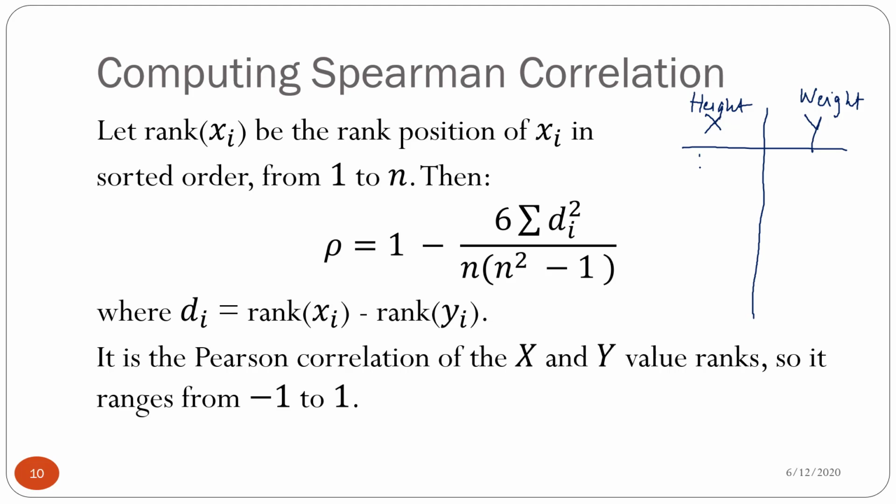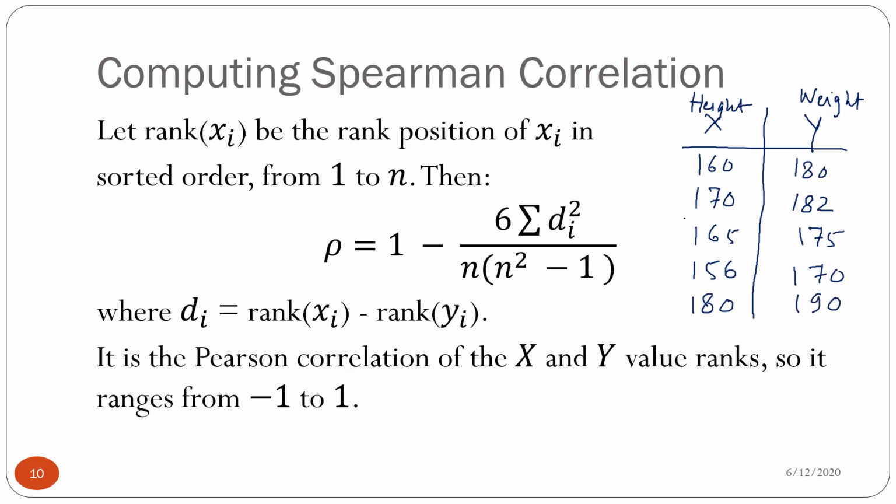Okay, so 160, 180, 170, 182 and 165, 175. These are some arbitrary values that I'm putting in. Then you can have 156 for the height and maybe 170 for the weight, and one more sample, 180 and 190.